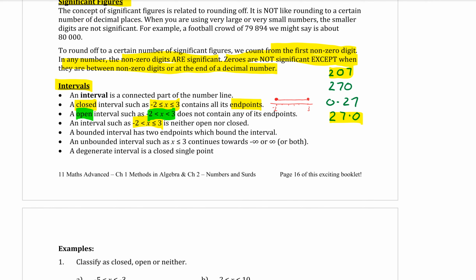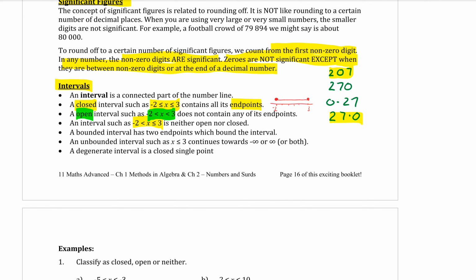One of them is a less than, one of them has the equal to sign. We can't classify that as being either open or closed because one's open and one's closed, so we say it's neither. It has to be both of them closed or both of them open for them to be classified as open or closed.